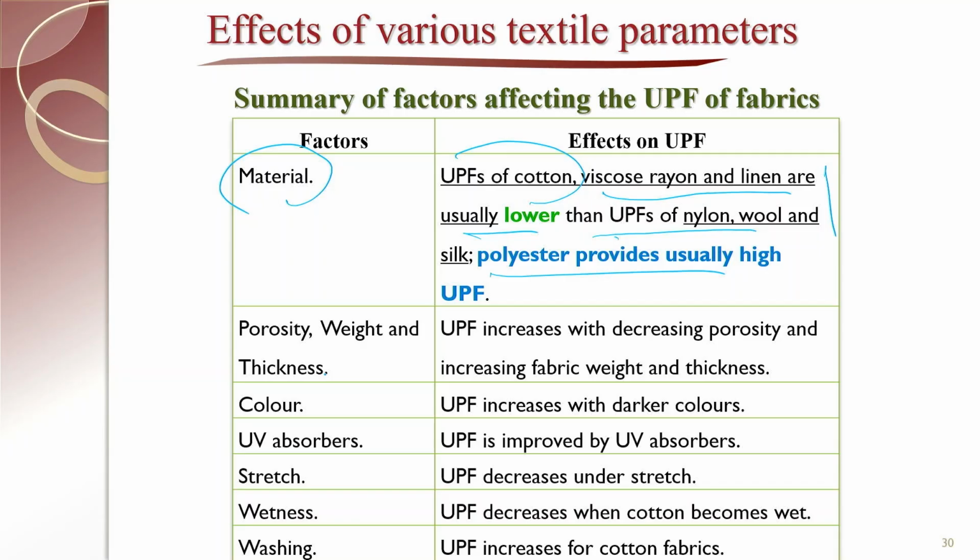Porosity, weight and thickness. So, UPF generally increases with decreasing porosity. That means, if the fabric is compact, in that case we get higher UPF. Increasing the fabric weight or thickness generally provides a higher UPF value.